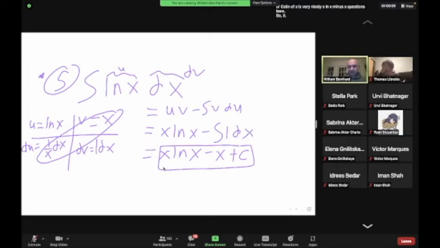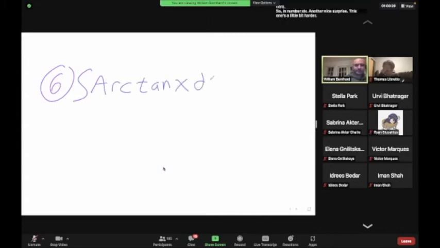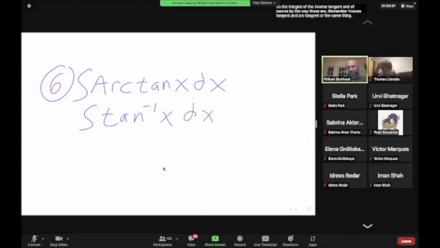So in number 6, another nice surprise. This one's a little bit harder. So the integral of the inverse tangent, and of course, remember, inverse tangent and arctangent are the same thing. There's just 2 notations. Those are the exact same problem.